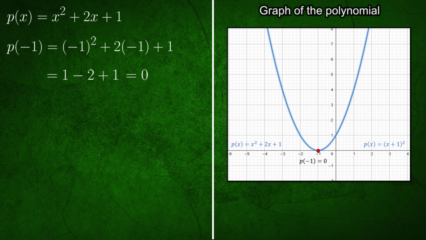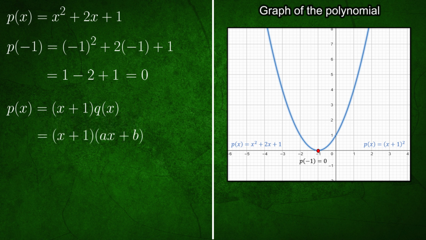Then, by the previous result, we know that p of x can be written as x minus the root, and as our root is -1, it will be x plus 1 times another polynomial whose degree is 1 less than the degree of p of x. Thus, that polynomial has to be written as ax plus b.